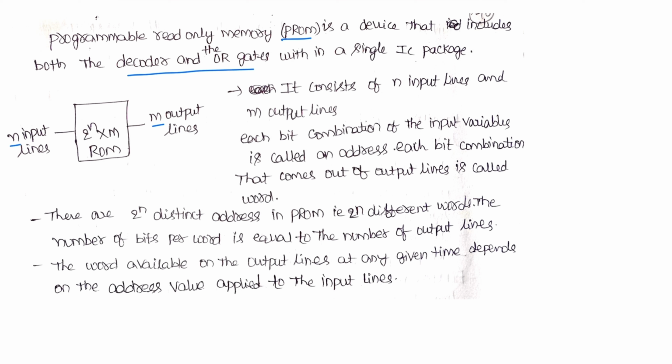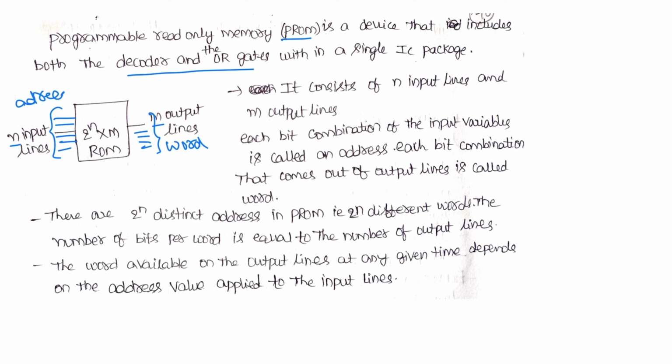Each bit combination of input variables is called an address. There are n input lines and each bit combination will give an address. Each bit combination that comes out of the output lines is a word.